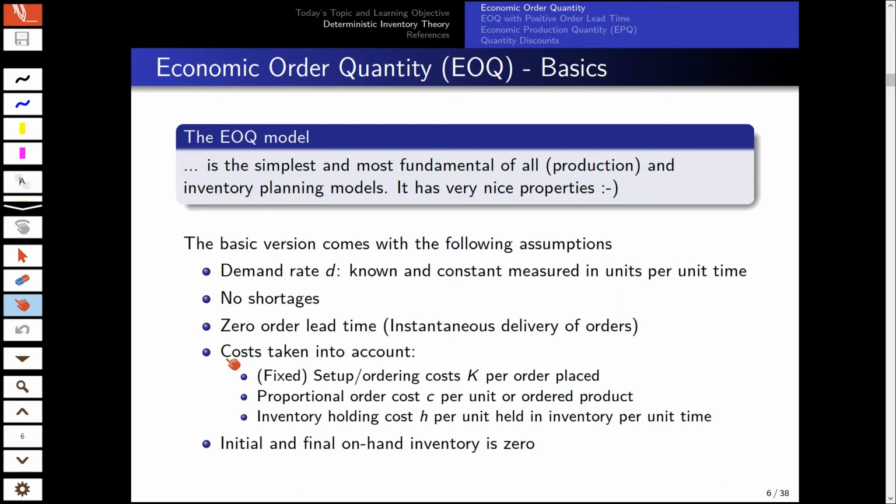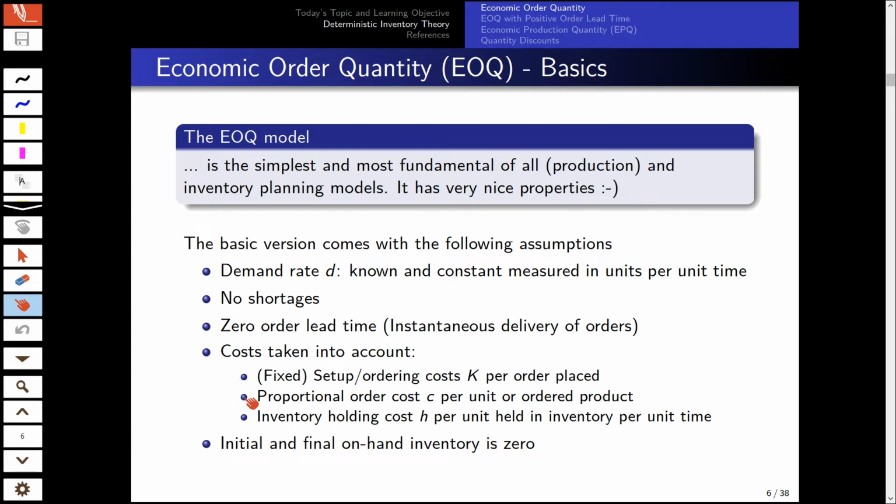So the costs that we take into account for this very simple model are a fixed setup or ordering cost, depending on whether we look at internal production or we order from an external supplier. This doesn't matter, but where we place an order. So every time that we place an order, we encounter a fixed administrative cost for that, either for setting up a machine or for ordering at an external supplier.